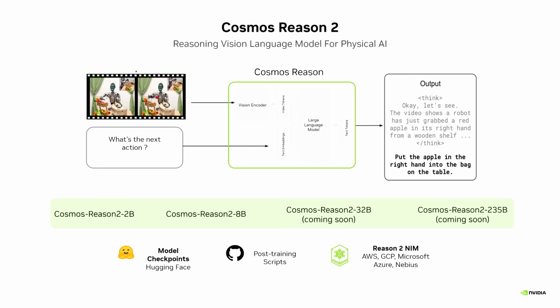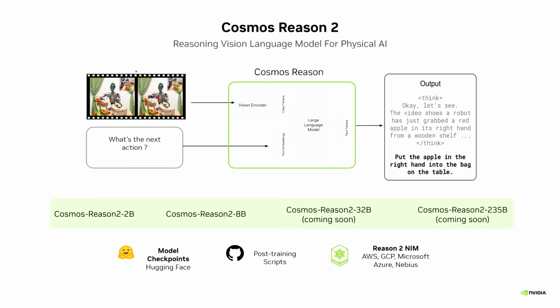It takes a video input and a prompt, and through a vision language model architecture, generates output. It will do the thinking before generating the output. We just released Cosmos Reason 2 at CES this year. We currently have a 2B version and an 8B version out there, and the 32B version and 235B version are coming soon.